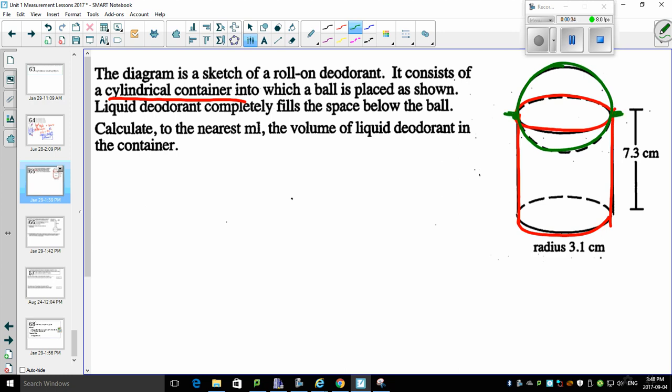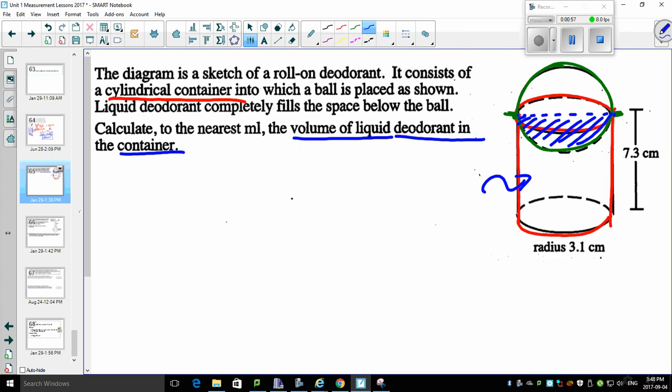The question says calculate, to the nearest milliliter, the volume of liquid deodorant in the container. If you think about this, it's not the entire sphere. Right here, there's a hemisphere taking some of the volume away from this container.